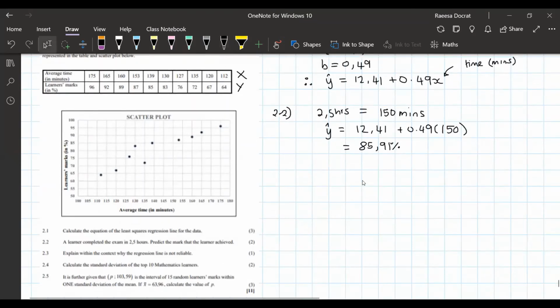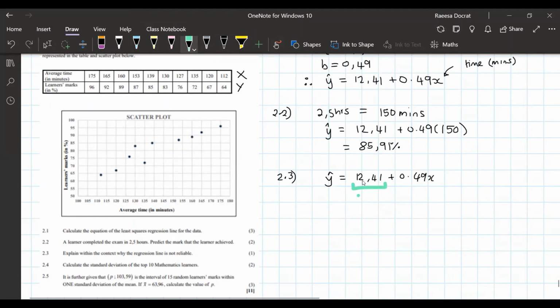Then 2.3 says explain within the context of the regression line why it is not reliable. If we look at our regression line, we have y is equal to 12.41 plus 0.49x. One of the things we can look at is the y-intercept. The y-intercept is 12.41.